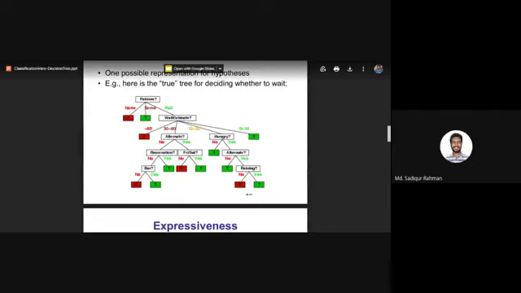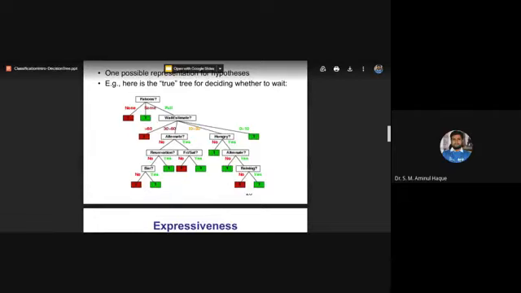Target. Target value or decision, right? True or false. In the internal nodes, all are attributes, but in the external nodes, in the terminal level, all are decisions. Did you notice that? You will get such a tree if you apply the decision tree algorithm.